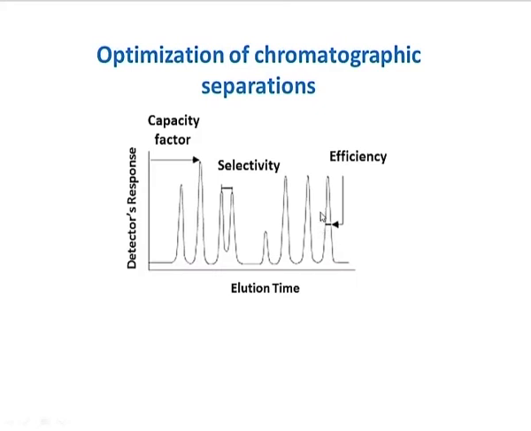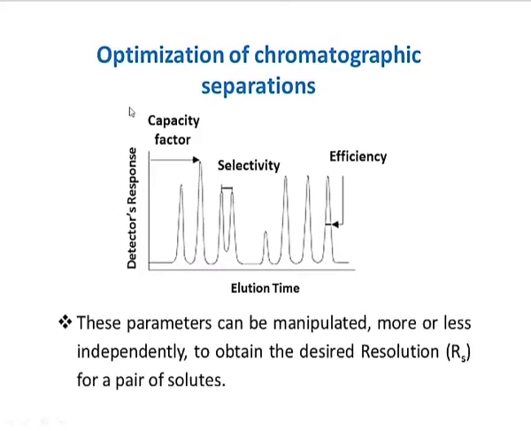So, the next part of the discussion is about optimization of chromatographic separations, and then trying to manipulate and modulate all these 3 important parameters quite independently to get the desired resolution for a pair of solutes.